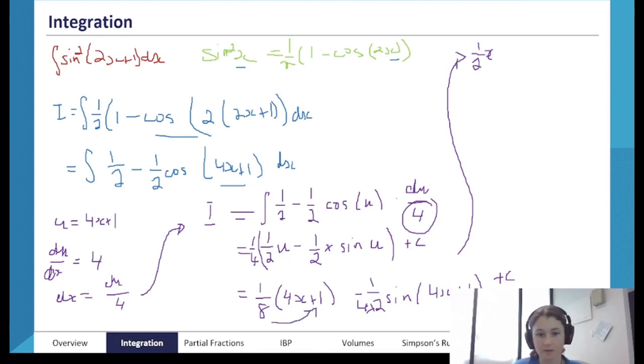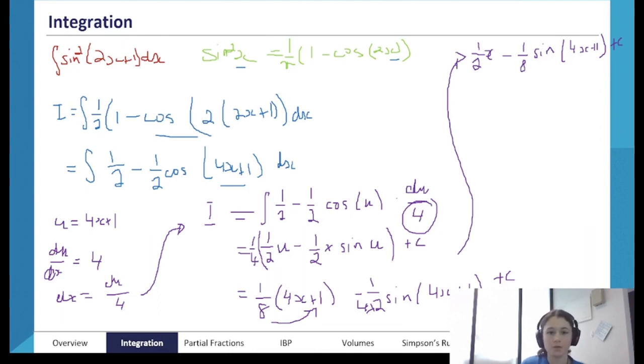We can leave that out because of course the plus c is going to encompass the constant. We don't need to include that. And then we're going to have take 1/8 sine of 4x plus 1 plus c. And that is our integral.